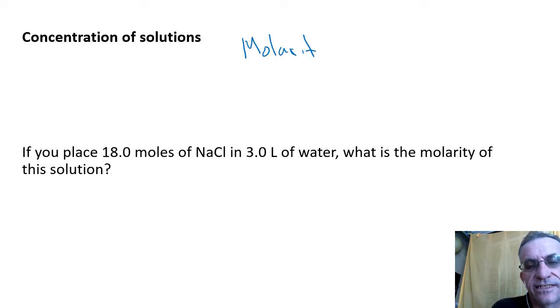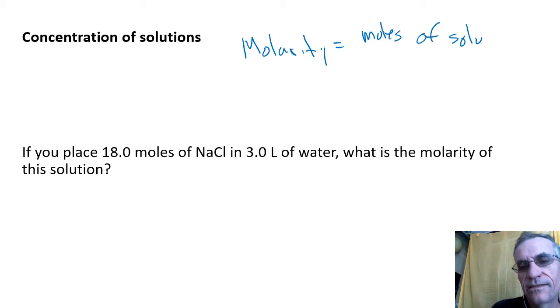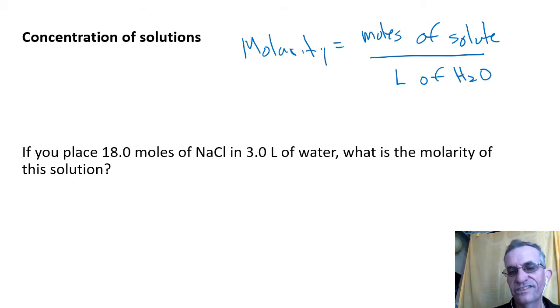Molarity is just how many moles of stuff, so moles of solute, did you dissolve in every liter of water. So molarity is how many moles of stuff are in each liter of water. Now, molarity, often we just use the shorthand for it. The symbol for molarity is a capital M.